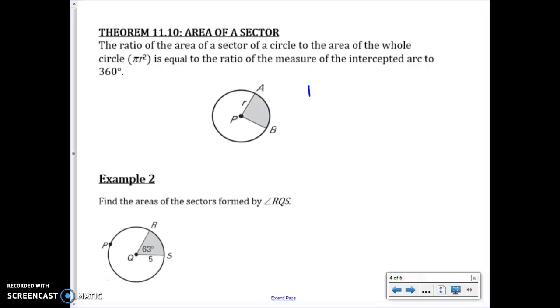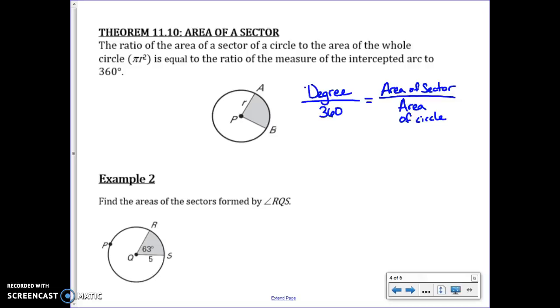We have the degree measure over 360 is equal to the area of the sector over the total area of the circle. So we can say "of circle" if we want.